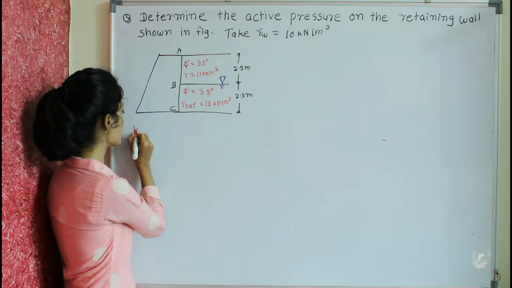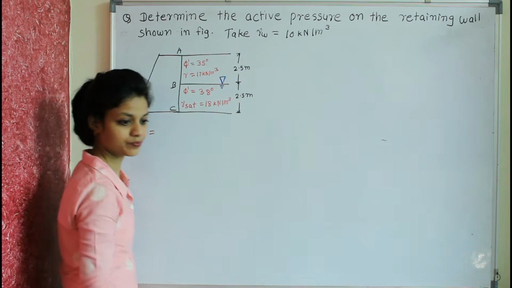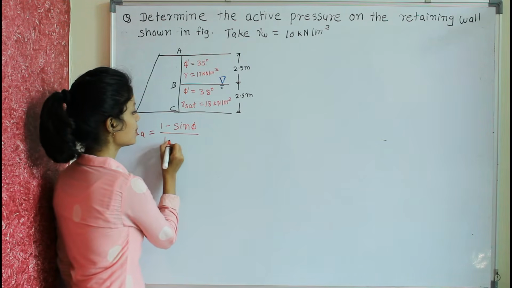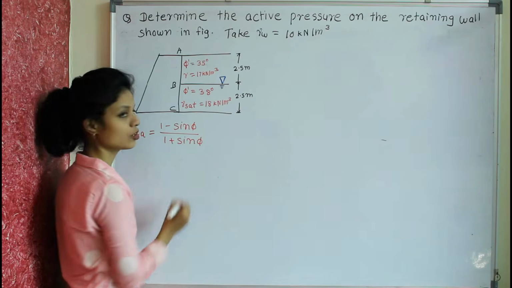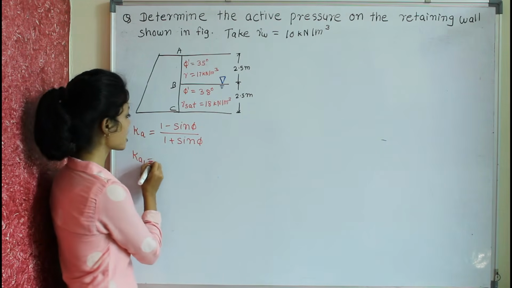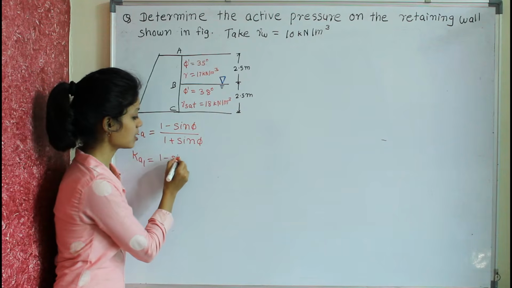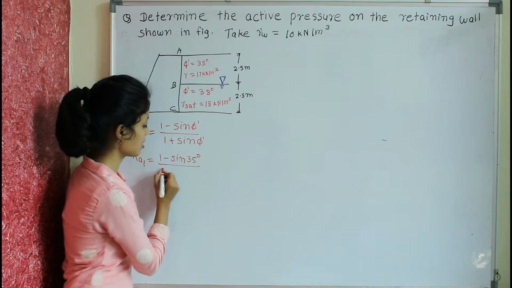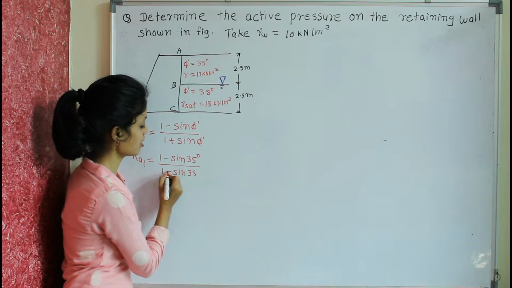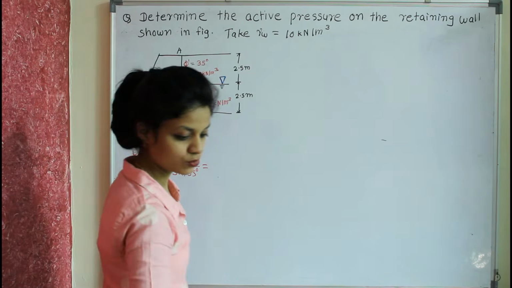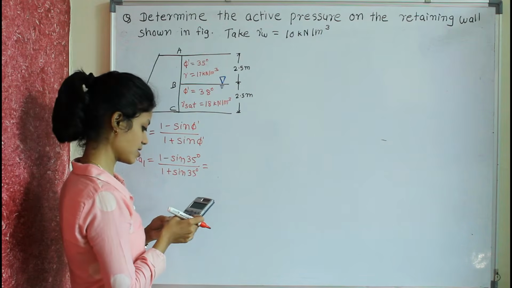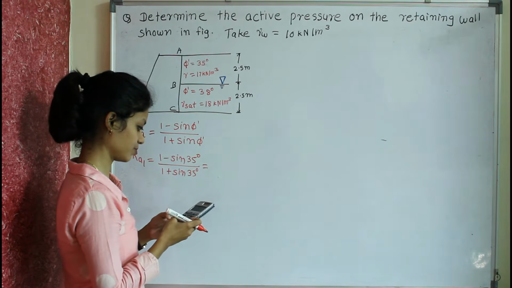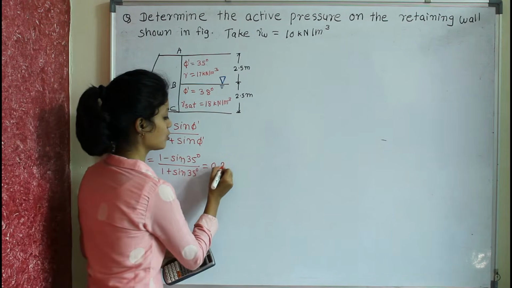Coefficient of active earth pressure Ka equal to 1 minus sin phi upon 1 plus sin phi. Okay, so Ka1 equal to 1 minus sin phi dash upon 1 plus sin phi dash. In first case phi is 35 degree. Therefore 1 minus sin 35 upon 1 plus sin 35, which is equal to 0.271.